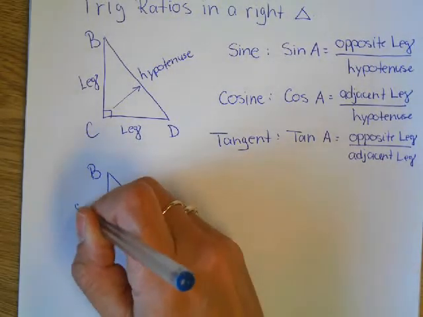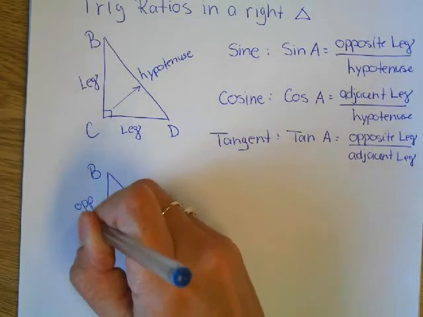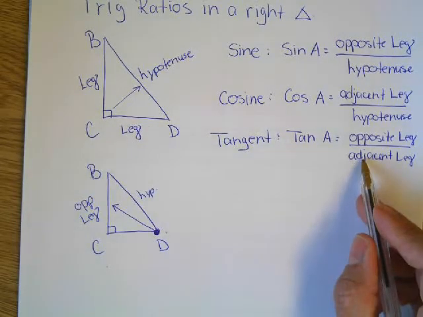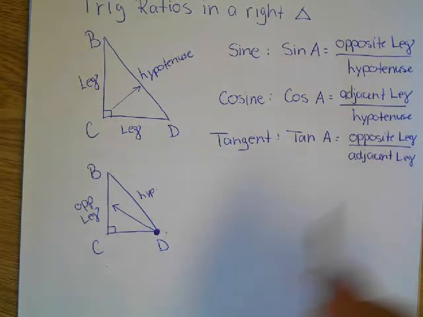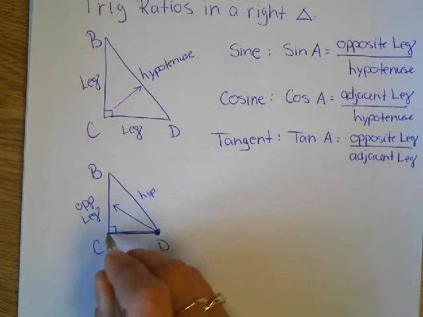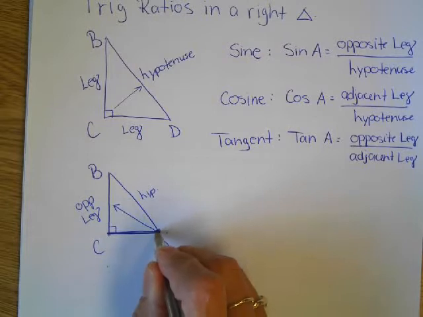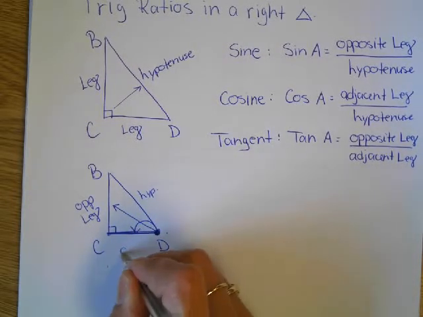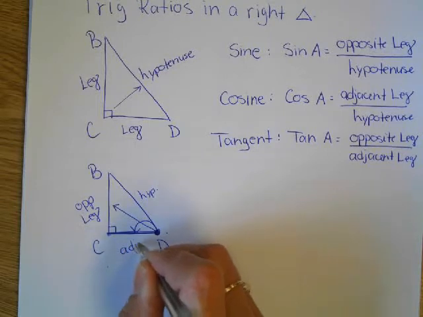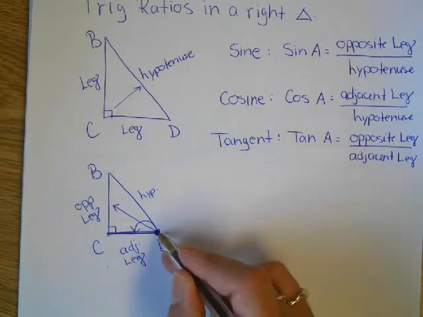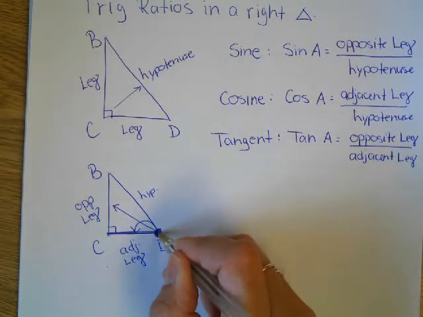So this leg over here would be the opposite leg. And remember, adjacent means next to or touching. So the leg that touches angle D is this bottom one. When I go from C to D, I end up touching angle D. So this leg here is the adjacent leg to angle D. So opposite is across from, adjacent touches. And my reference was angle D.